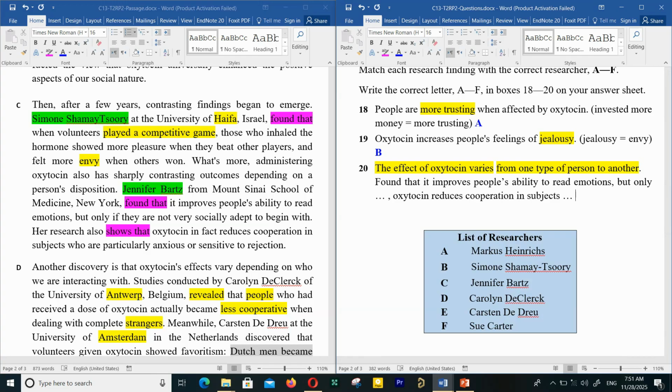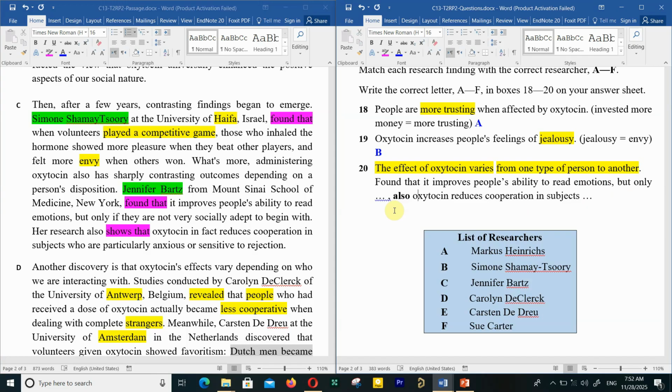You see, put these two together: found that it improves people's ability to read emotions in some type of personality, and also oxytocin reduces cooperation in some other personalities as well.